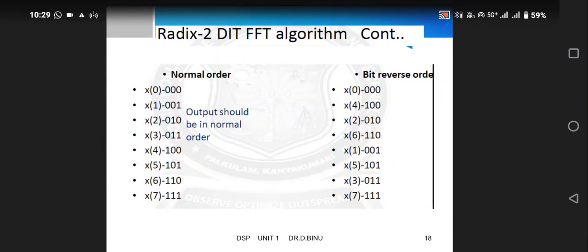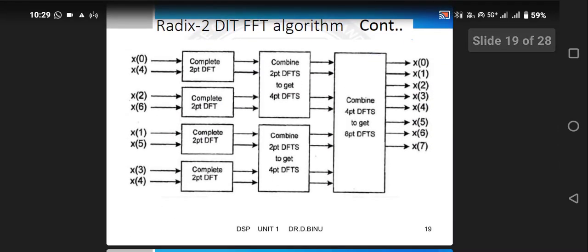Radix 2 DIT FFT algorithm: the normal order as well as the bit reversal order used in the DIT FFT is represented here. The radix 2 DIT FFT algorithm's block diagram is represented in this diagram.